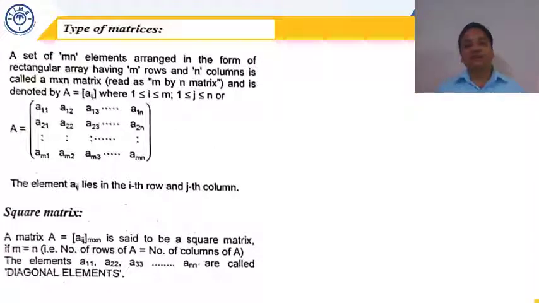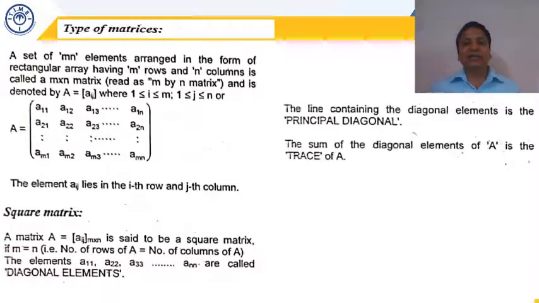Since it's a square matrix, the number of rows and columns are equal. We further define the line containing the diagonal elements as the principal diagonal of the matrix. So A11, A22, A33 up to Ann are the elements in the diagonal, and this diagonal is called the principal diagonal.